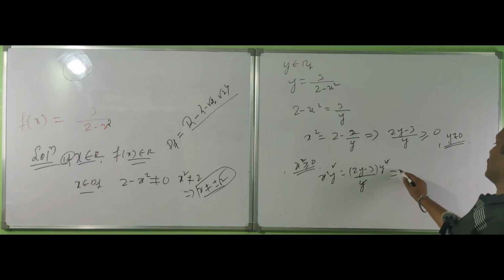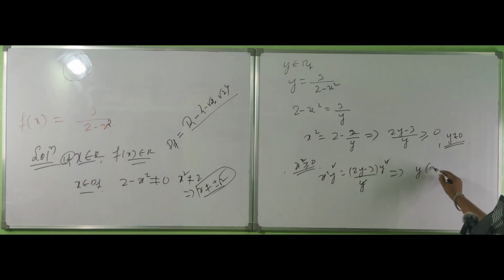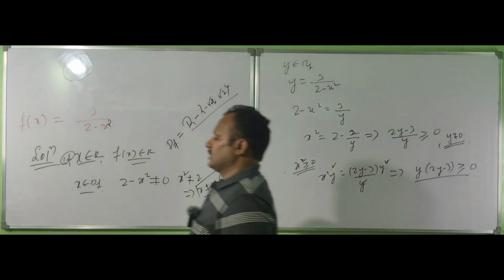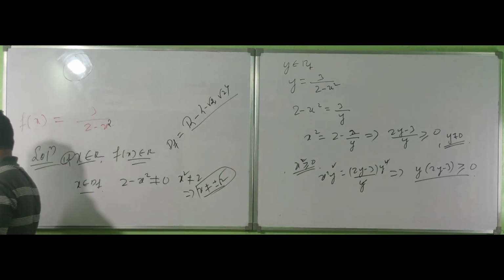This implies y into 2y minus 3 is greater than or equal to 0. This is the function of x in terms of y.